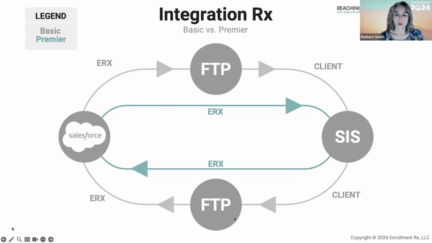So if you were going to admit people in your SIS, that would be included in that file that would come back to us, and then we're going to consume that data from your FTP. So as you can see, it just makes a nice big circle where we will orchestrate that handoff of data.